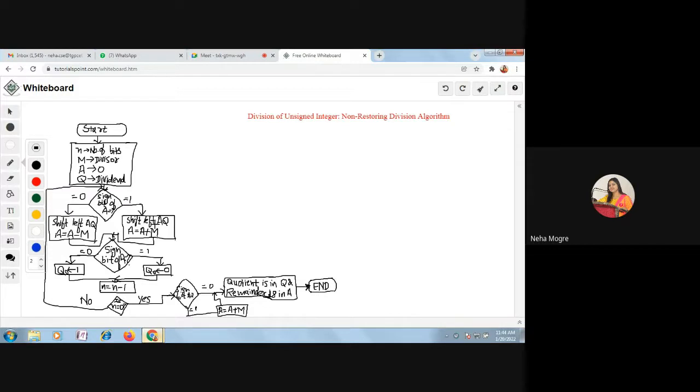Again we perform shift left of AQ, but after that we perform A equals A plus M, and the result is again stored in A.